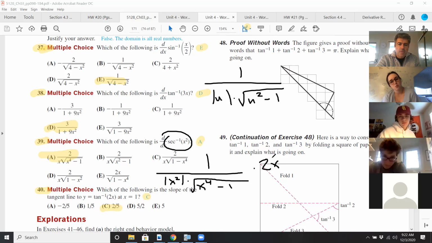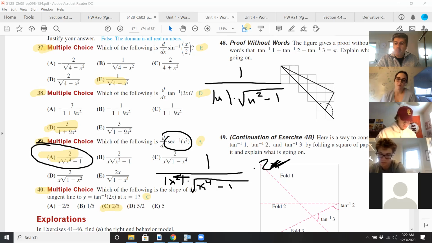Okay. Well, you clean it up. Those cancel. So that's why you get A. So all of this is chain rule and just using the formulas. That's all you're doing.